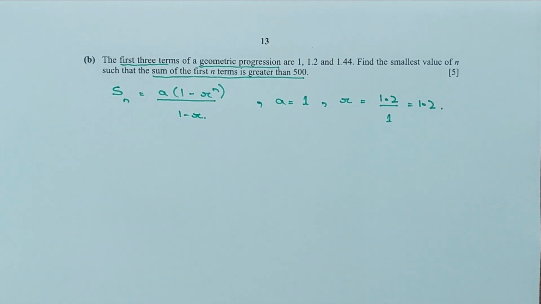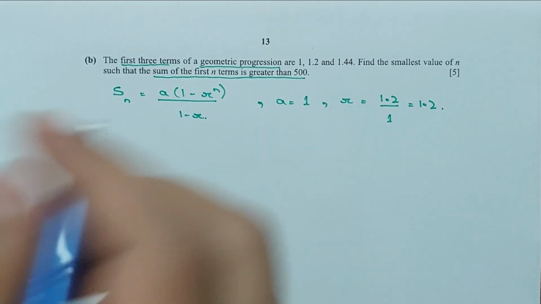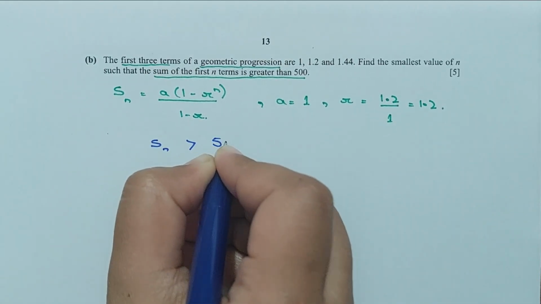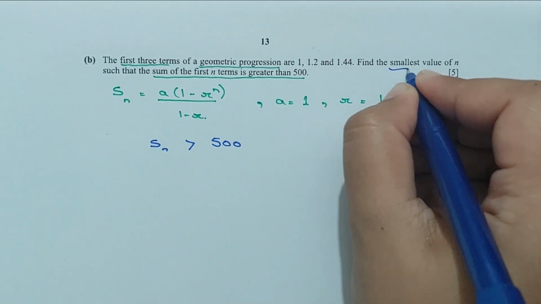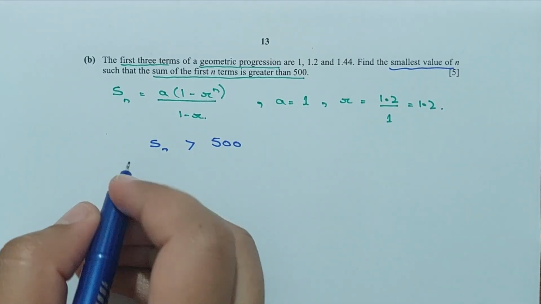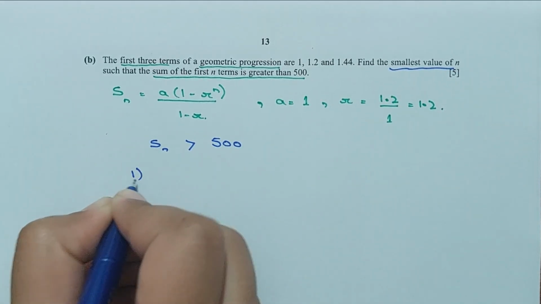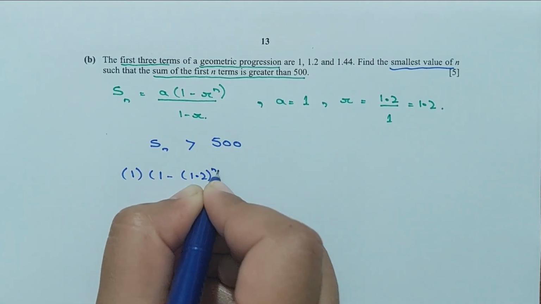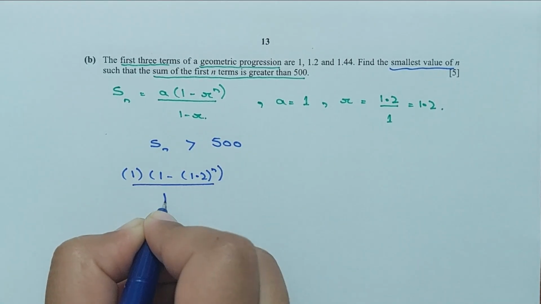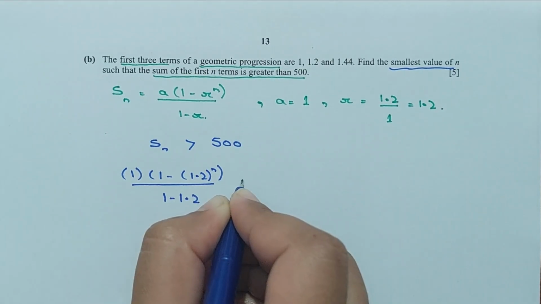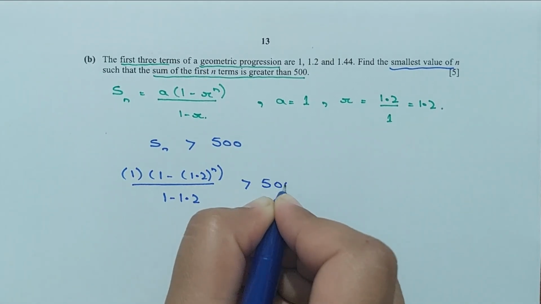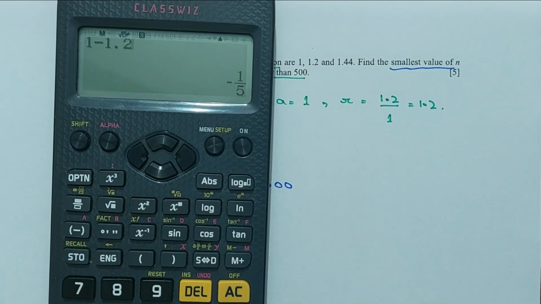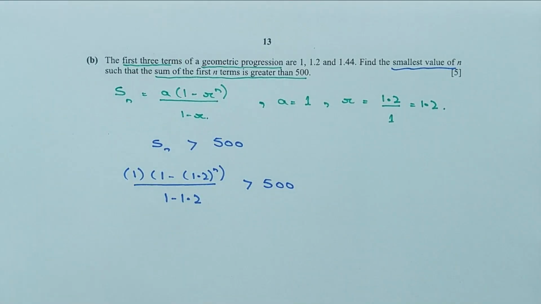So let me plug everything into the formula. When Sn is more than 500, we have to find the smallest value of n. Plugging in the formula, a is 1, times 1 minus 1.2 to the power n, over 1 minus 1.2, and this is more than 500. 1 minus 1.2 is minus 0.2.